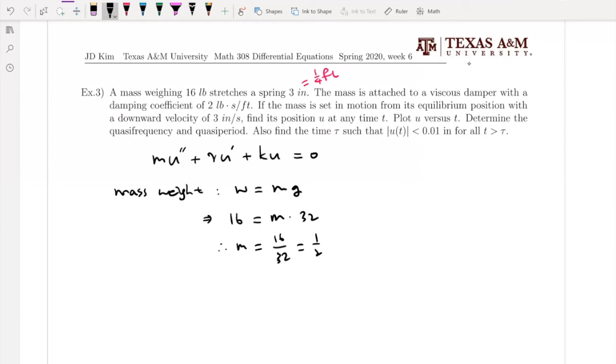And the second one: by that mass, your spring is stretching out 3 inches.